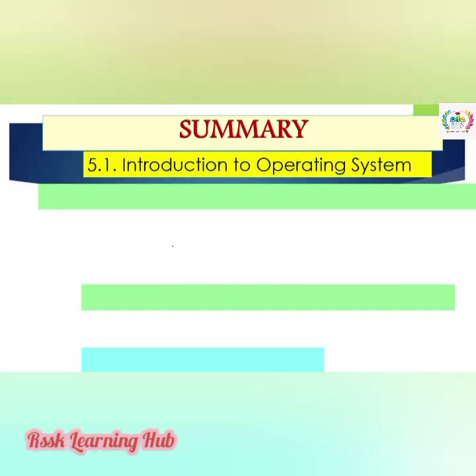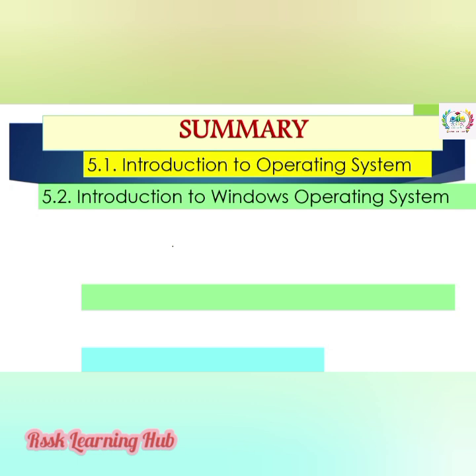Now we will summarize our session. What are the things we have gone through? First we learned what an operating system is, then what the Windows operating system is, and what the use of Windows desktops is.